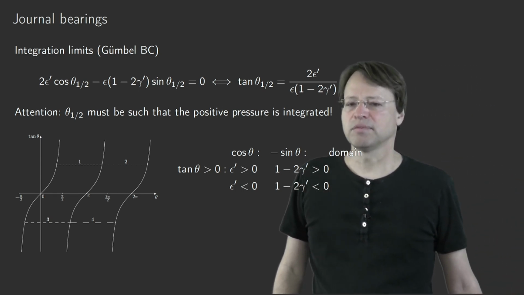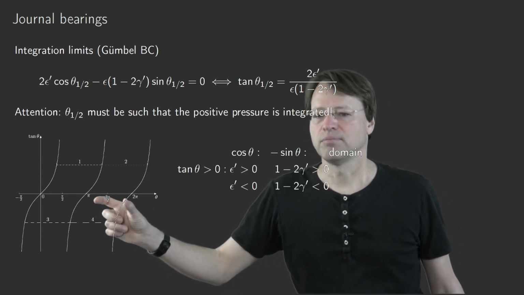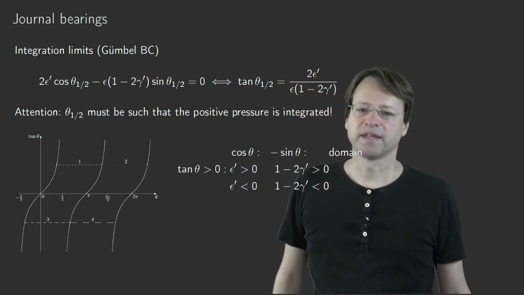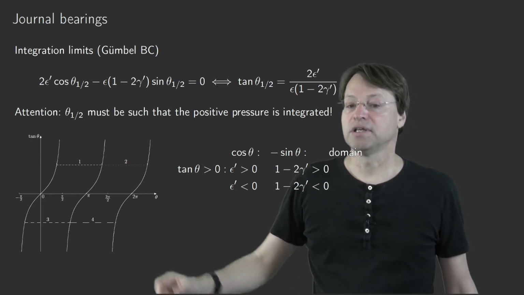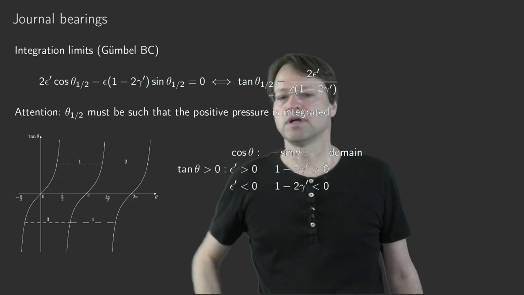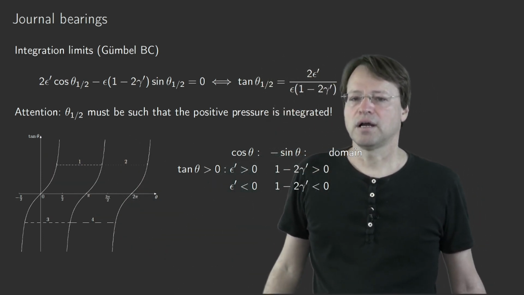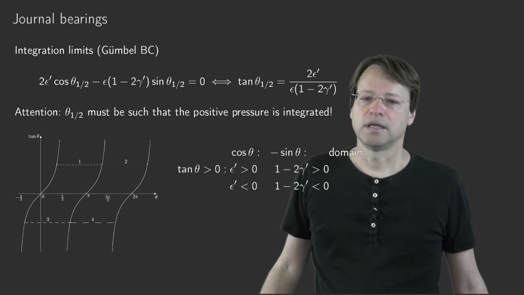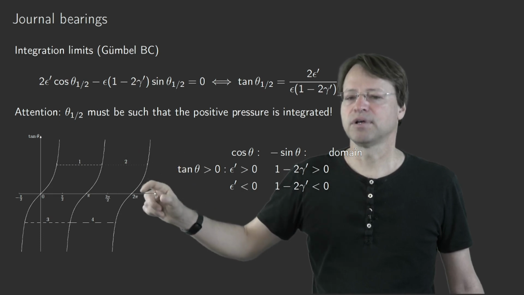Well, you will agree with me that for the sine it's quite simple. The negative values of the sine function appear between pi and 2 pi. The positive values of the cosine function appear in the first quadrant, so between 0 and pi divided by 2, and then in the last section between 3 pi divided by 2 and 2 pi.